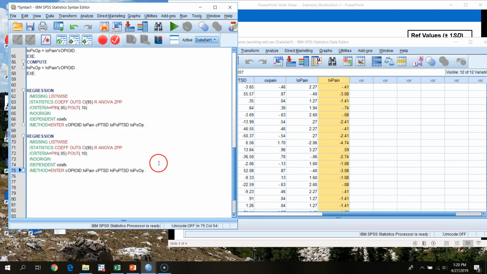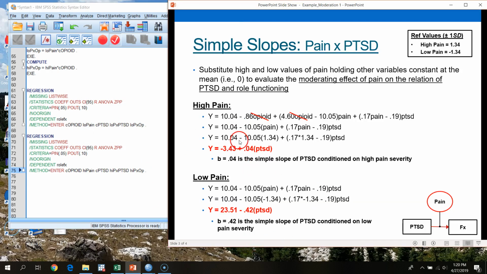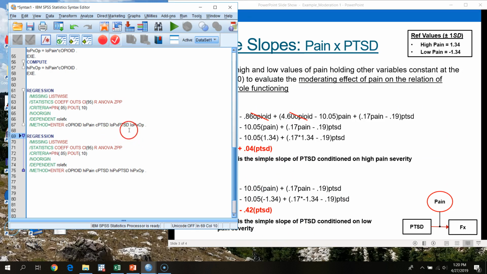And what these models are going to do, and I've already calculated my simple slopes here, is allow me to test the statistical significance of my conditional effect of pain with role functioning conditioned on low levels of pain and conditioned on high levels of pain. This is also going to calculate effect sizes for me, things along these lines.